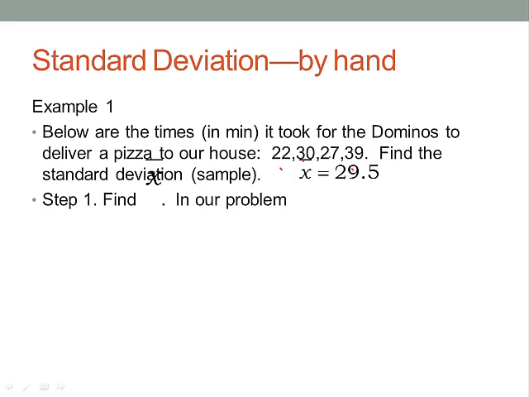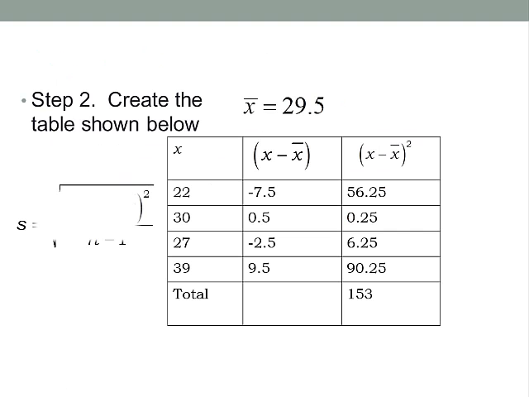Okay, step 1. That little x bar is right there, and in our problem, x bar was 29.5. I assume that you can find the mean. We had an earlier lesson on that. We just add those up and divide by 4. So remember the formula: we have x minus x bar and then square it.